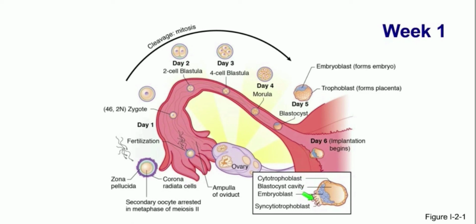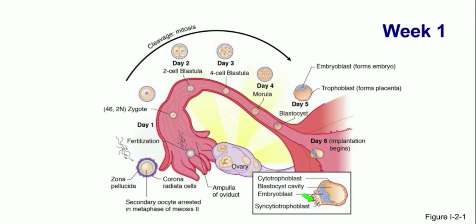Now, another important role for the syncytiotrophoblast cells is that they secrete a hormone called chorionic gonadotropin. Chorionic gonadotropin is a hormone that will go back and signal the mother's ovary to tell the ovary to retain the corpus luteum that forms after ovulation.